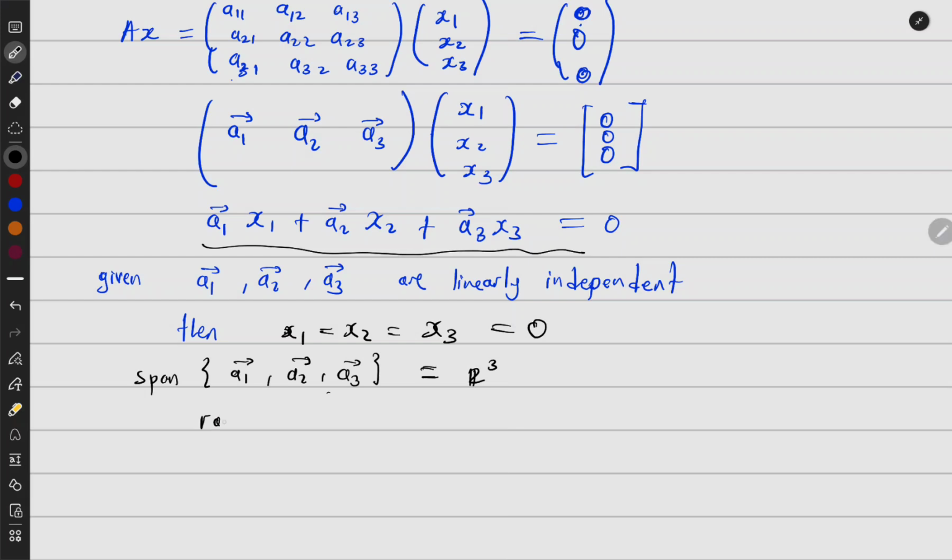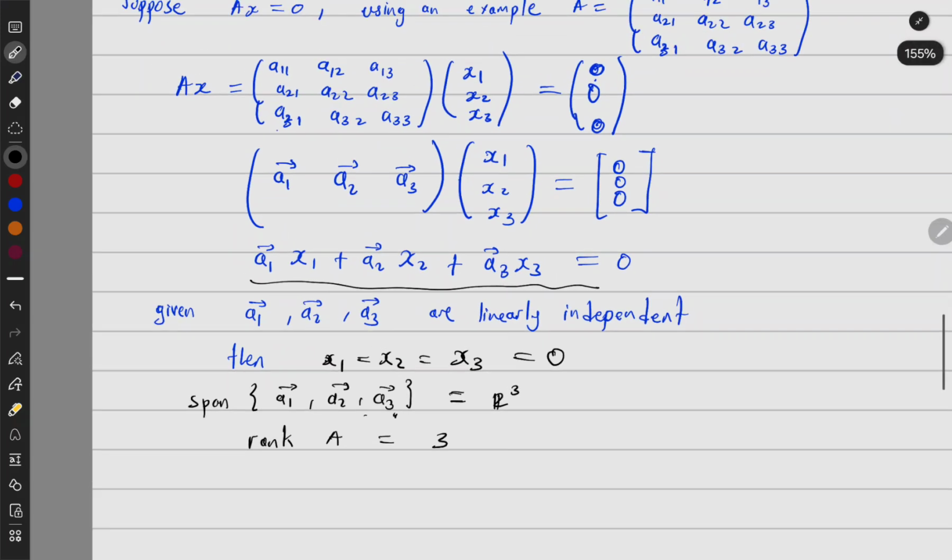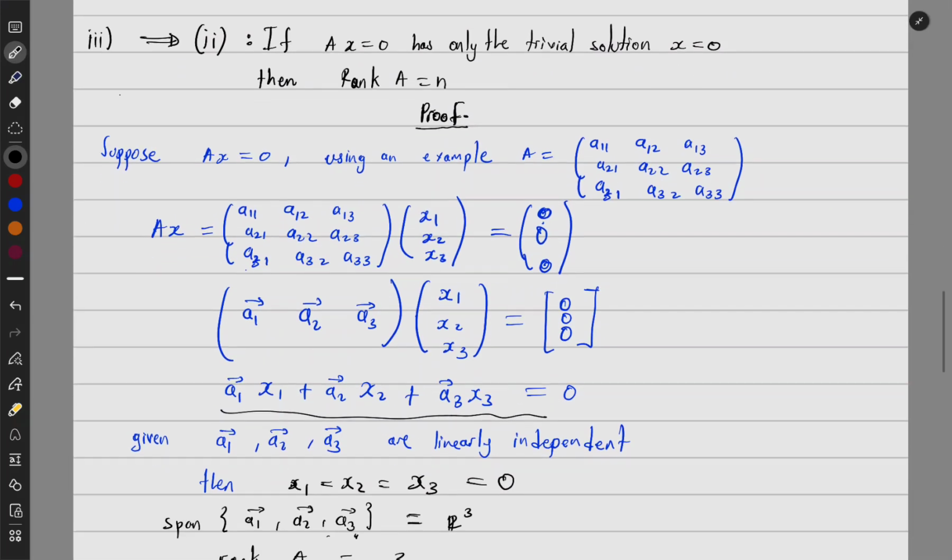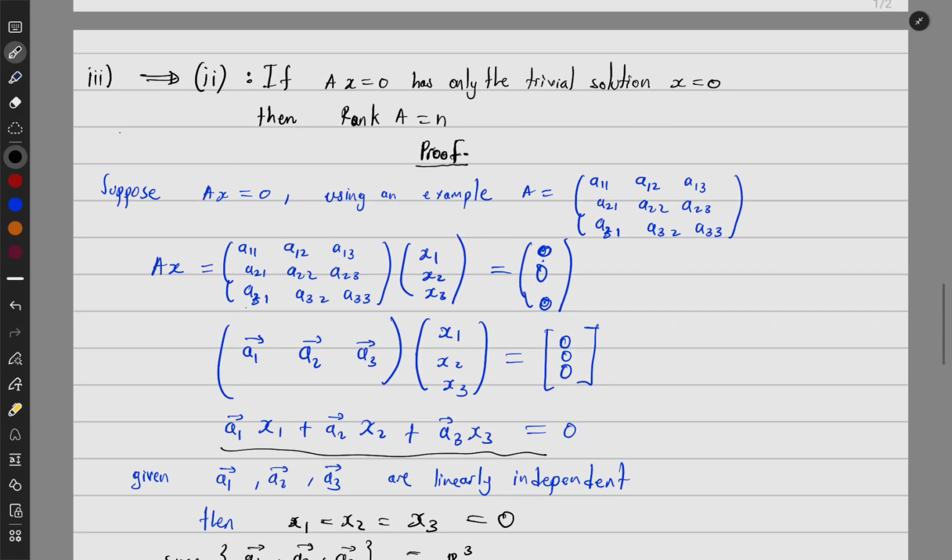Therefore, this implies that the rank of the matrix A from which these come is equal to 3. Through this example, you can show that whenever a matrix has only 0 as the trivial solution, when you multiply and get 0, this is only equal to the zero vector, because it's our only trivial solution.